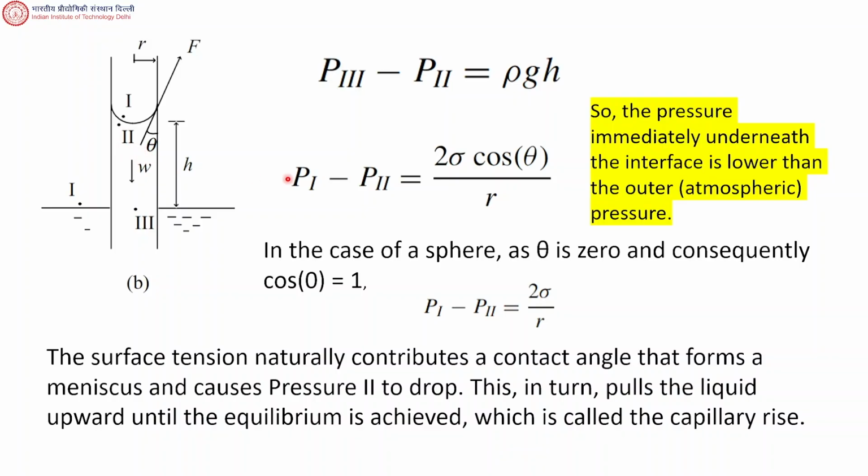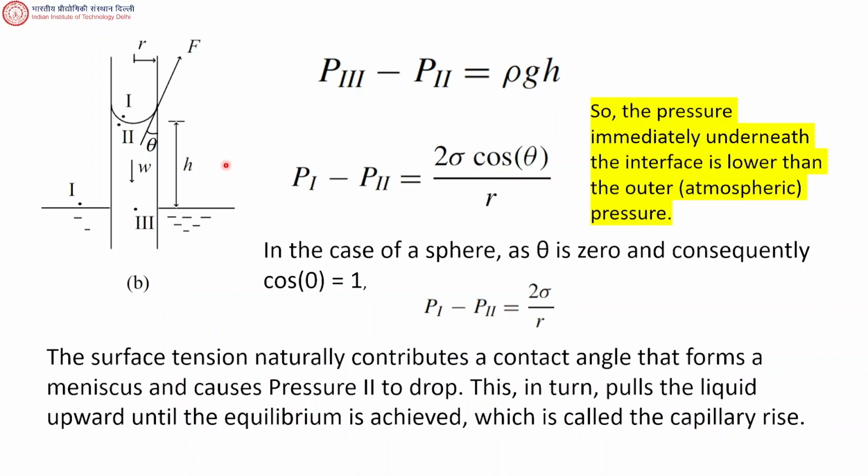What will that do? This is lower pressure, outside is higher pressure, P1 is higher, so the liquid gets pulled. This drop in pressure results in the higher pressure affecting the liquid column to go up, right?